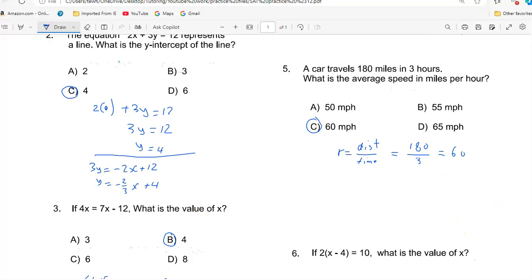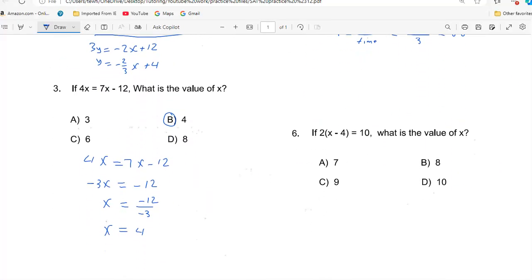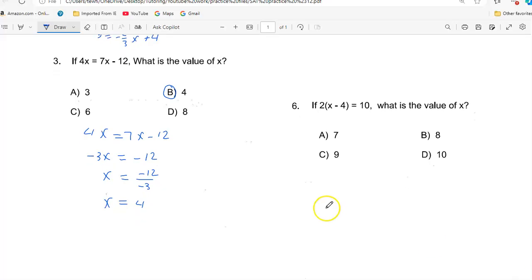For number 6, if 2 multiplied by the quantity x minus 4 equals 10, what is the value of x? Alright, that one is easy. You can use the distributive property and isolate x. That's one way to do it, or easier than that, if I see 2 here and 10 here, I can divide both sides by 2.